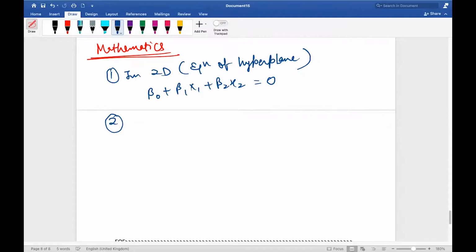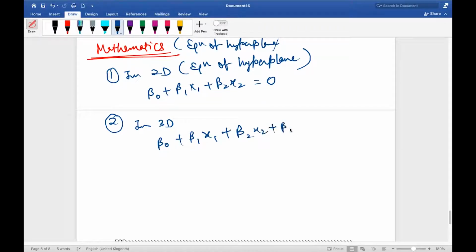This will increase, right? This is 2 dimensions. So x3, if you write, that will be 3 dimensions, right? So let's say in 3D, the equation of a hyperplane: beta 1 x1 plus beta 2 x2 plus beta 3 x3 is equal to 0.